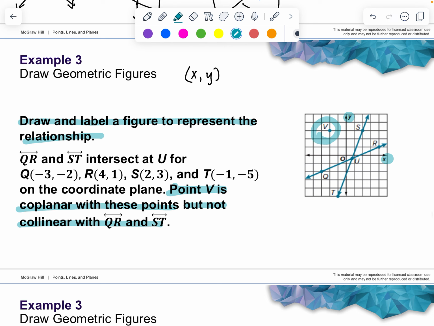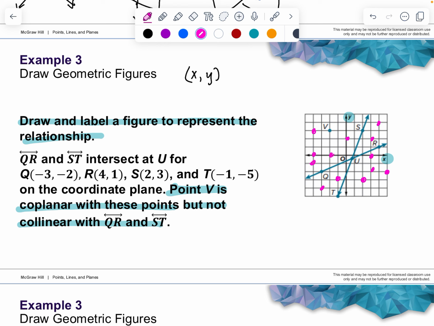So they chose to put V up here. Did it have to be there? No. Point V could be anywhere they wanted. So I'm going to choose, I love pink. Pink is my favorite. V could have gone here. V could have gone here. V could have gone here. Anywhere they wanted, as long as it didn't touch a single one of those lines.